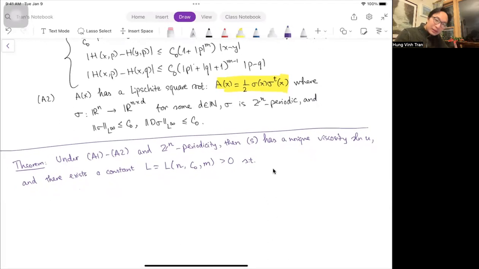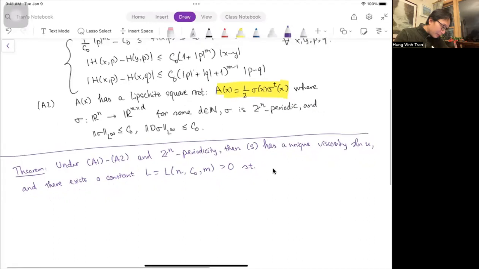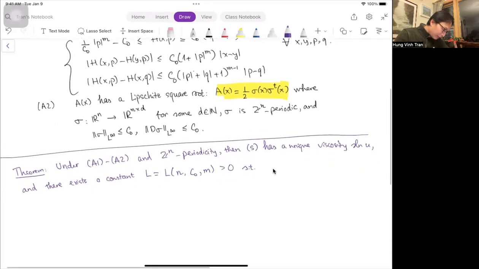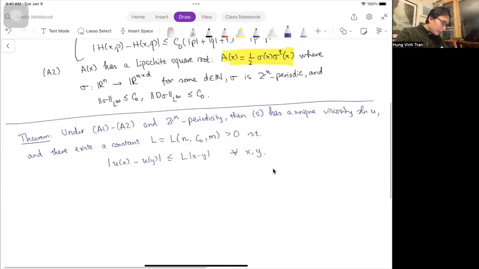I'm going to be vague now, but there is this constant L only depending on C naught, the dimension, and m, the growth of the Hamiltonian, so that our solution is Lipschitz with the constant L. Okay, so that's a Lipschitz result. Of course, this theorem can be proved in other different ways by the normal Bernstein method, by adding epsilon Laplacian and doing the Bernstein method. But for the purpose of today, I want to give you a proof by using the so-called viscosity Bernstein method.